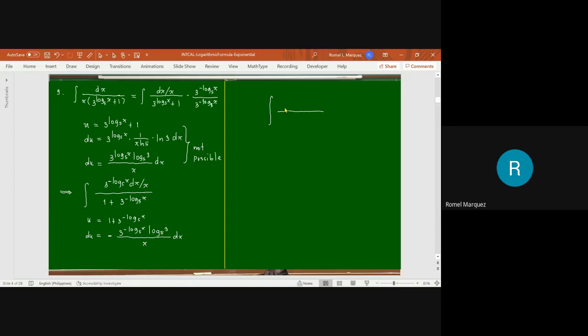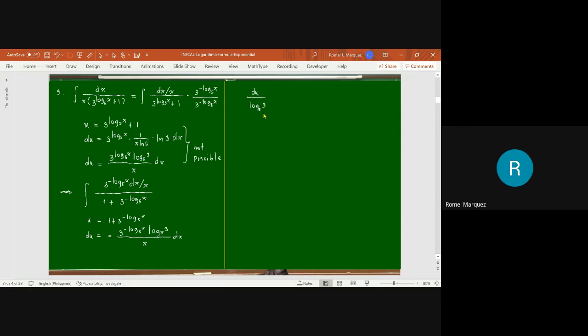So, yan. Okay? Gawin na natin u substitution para mas maikli, no? Ang isosolve ko ay what? Ito, no? Meron kang 3 to the negative, then dx over x. Ano ang value nun? du over log of 3 to the base 5.